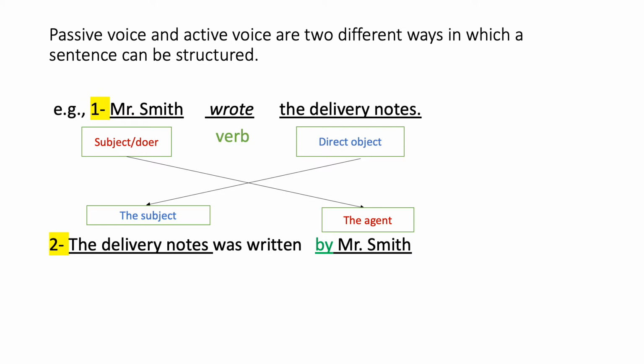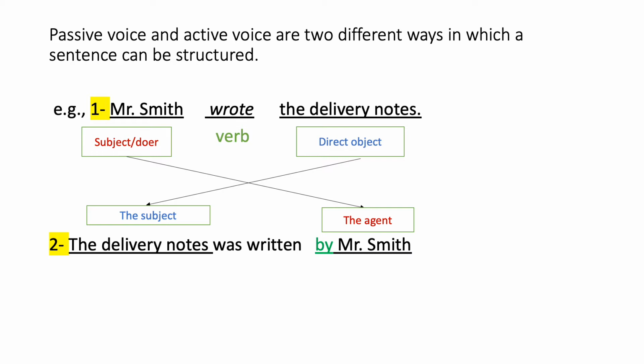So here Mr. Smith is the subject or the doer of the action. We have wrote as a verb, and we have the delivery notes, which is the direct object of the sentence. When we want to transform this sentence into its passive voice, we just reverse.